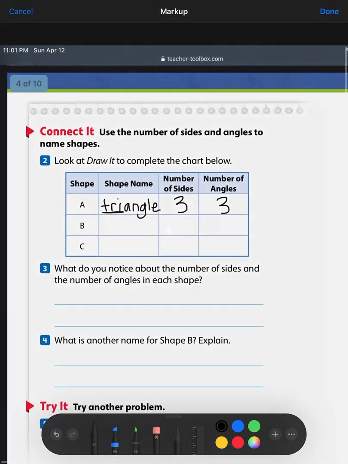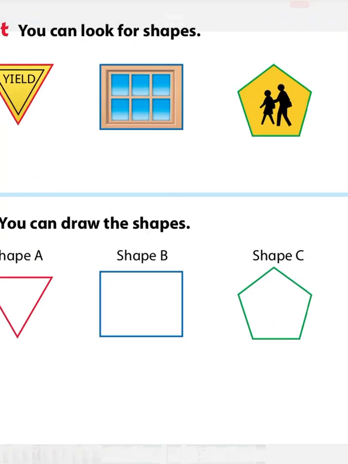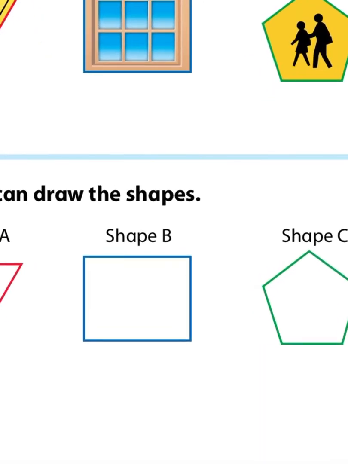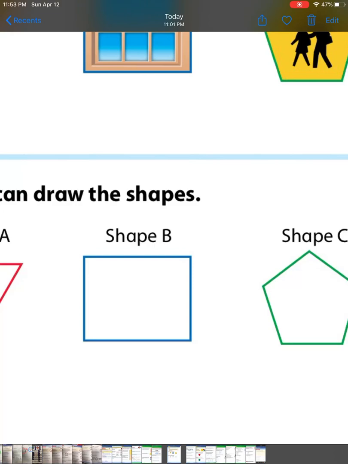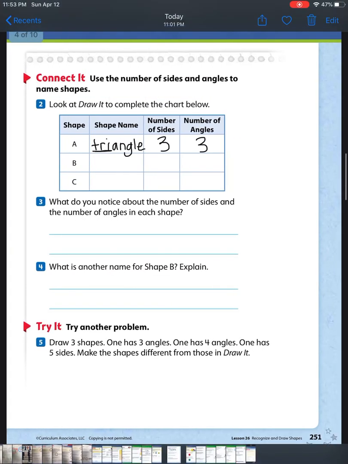All right, let's go back and look at the second one, shape B. Shape B is a rectangle. How many sides are there? Let's count them. 1, 2, 3, 4. 4 sides. Now let's count the angles. 1, 2, 3, 4. 4 sides and 4 angles.